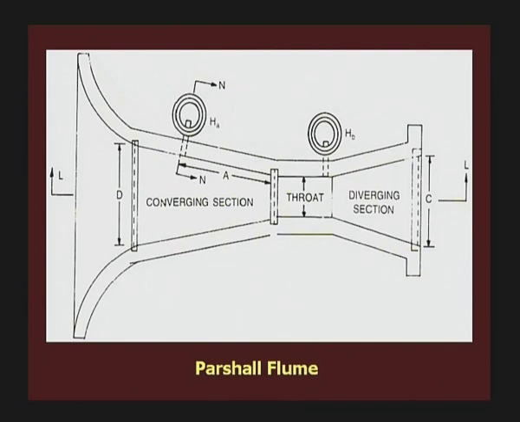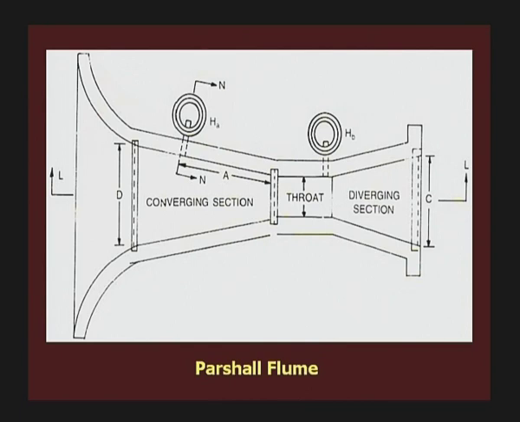The walls in the throat section remain parallel and the walls in the diverging section diverge towards the channel. The floor position is also different in the three sections. The floor of the partial flume in the diverging section remains flat.